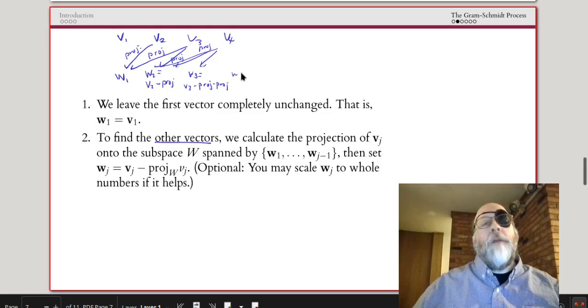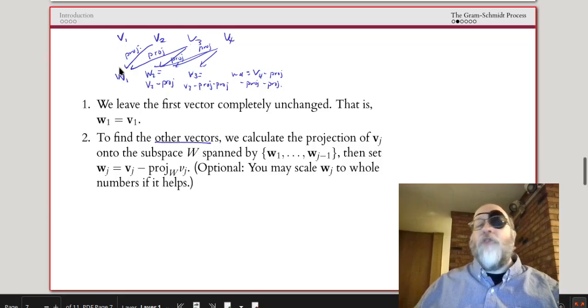And I'm going to set W4 equal to V4 minus all three of the projections that we have calculated. So the first vector, we don't have to do anything because there's nothing to subtract. But every new vector, we project onto the preceding W vectors and subtract the projections.